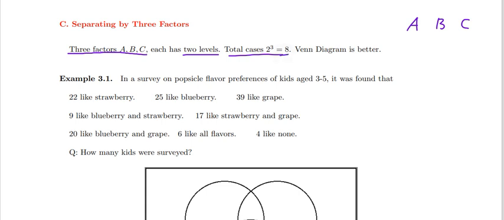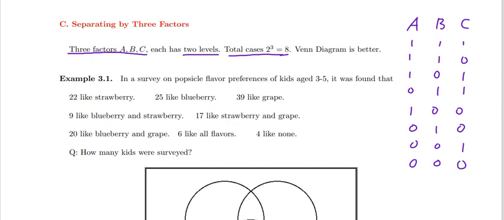It could be all yes, 1, 1, 1, or 1, 1, 0, or 1, 0, 1, and so on. We say 1 is yes, 0 is no, right? So we can also use this way. We can split it into 8 cases.